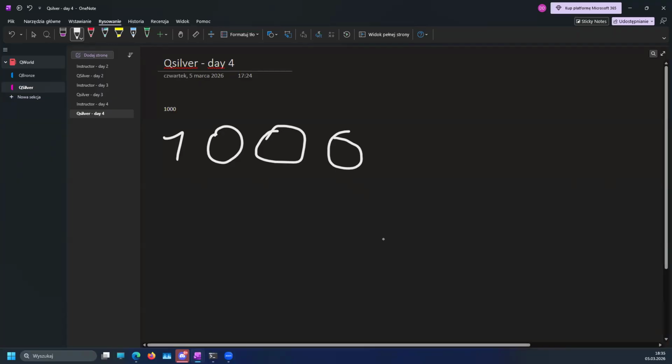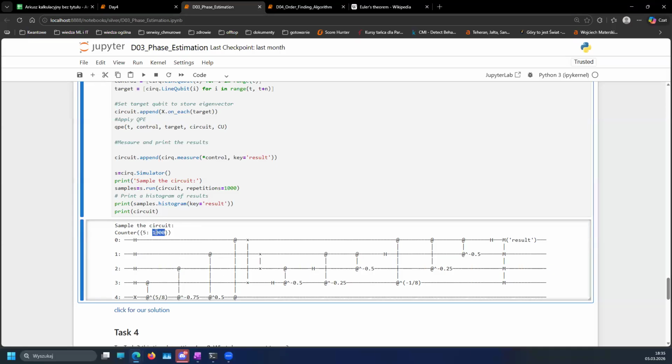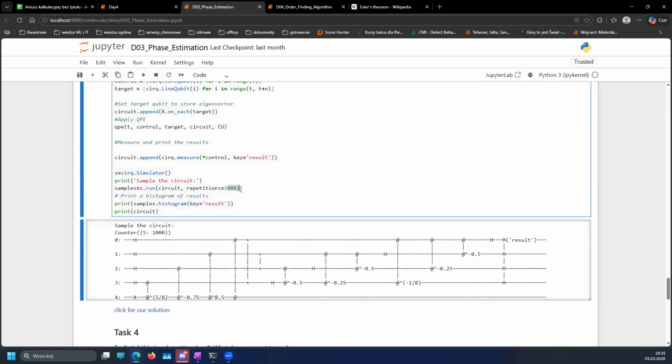Okay, so this is the wrong notation, I'm mistaken with Qiskit. So here we get the result of 5 that was repeated 1,000 times.